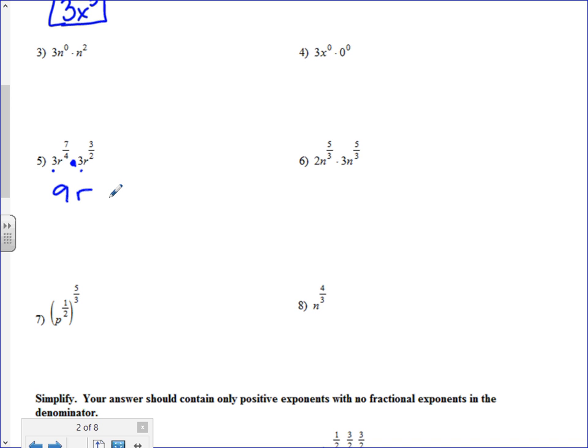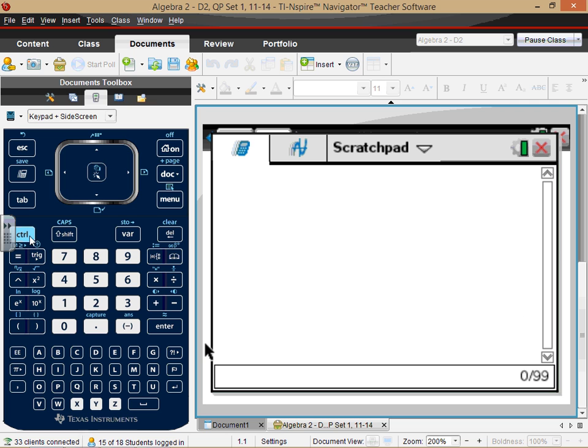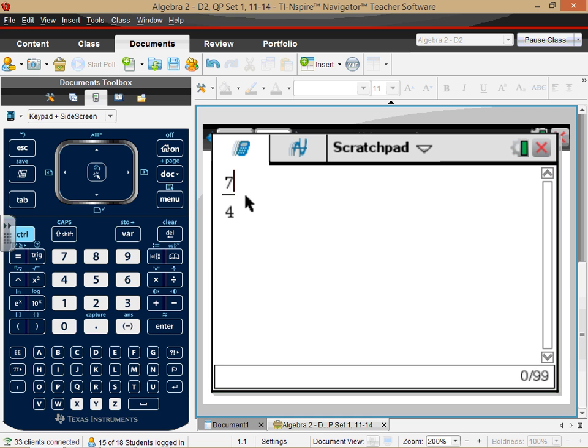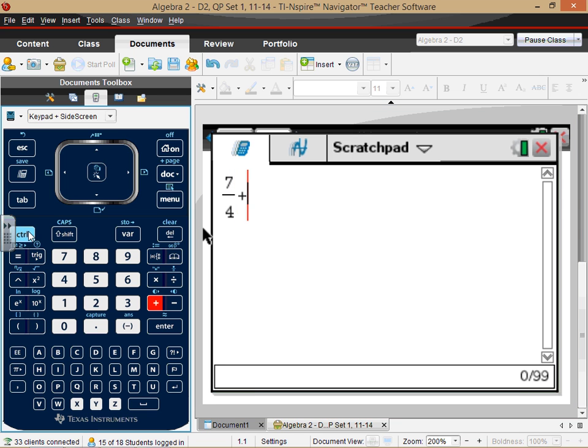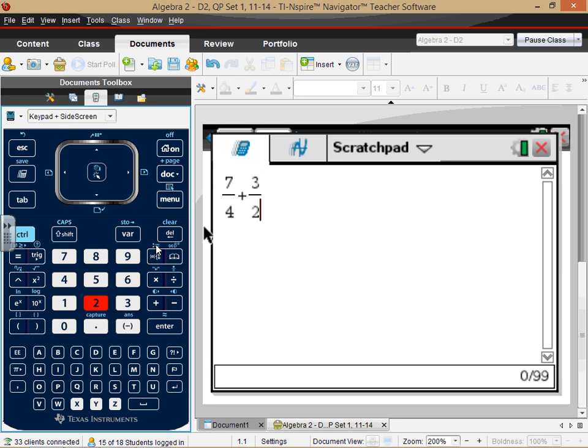And your calculator is an exponent, a fraction adding machine. So this time I have 7 over 4 plus 3 over 2. Control divide is my favorite way to do this. Control divide lets you write a fraction.